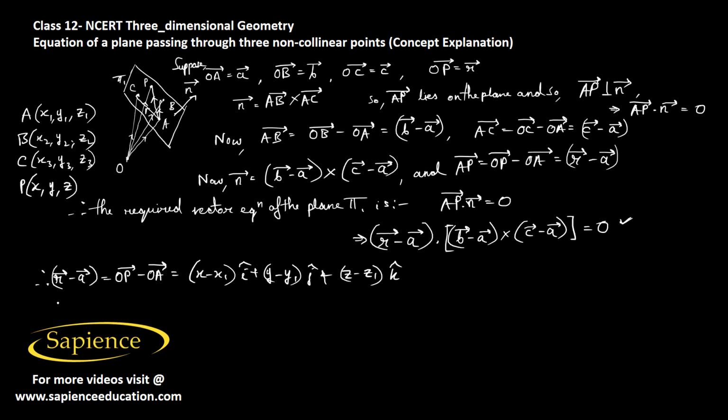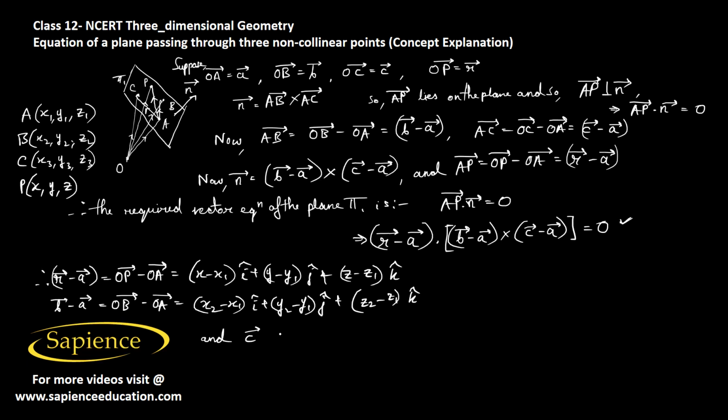Similarly, B vector minus A vector would be equal to OB vector minus OA vector. So that would be x2 minus x1 i cap plus y2 minus y1 j cap plus z2 minus z1 k cap.